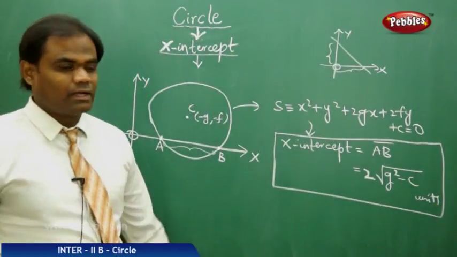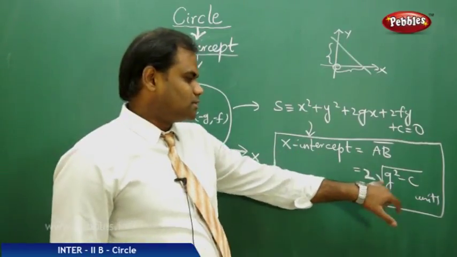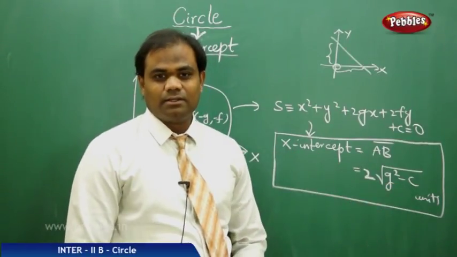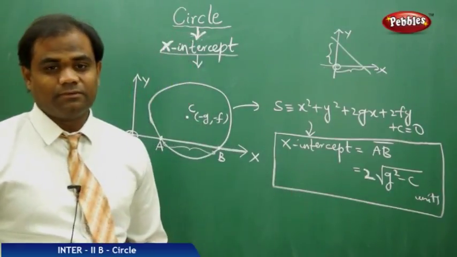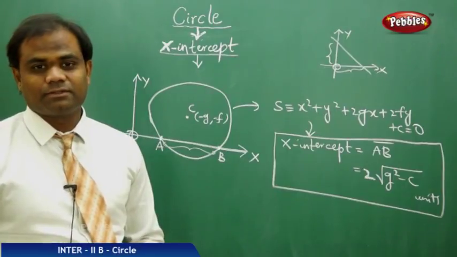That's how we understand the x-intercept, which is 2 root g square minus c units. Similarly, we have the y-intercepts, which we are going to discuss in the next section.